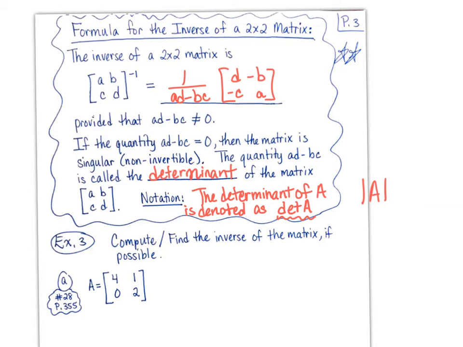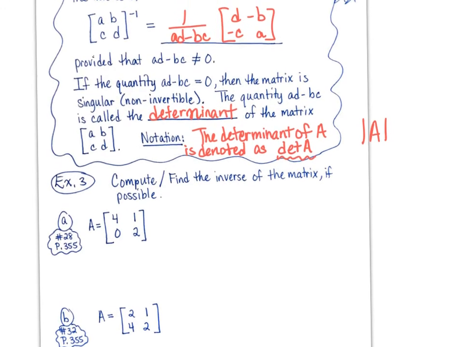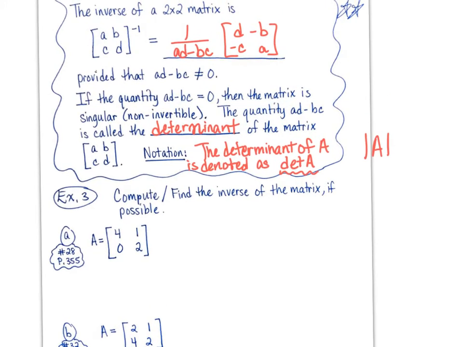So now, let's compute and find the inverse of the matrix if possible. Would you like to work the first one together? Okay, let's do that. We're given the 2 by 2 matrix A equals [4, 1; 0, 2]. First things first, according to our formula, we need to take a look at the determinant, to see if it's non-zero or 0.